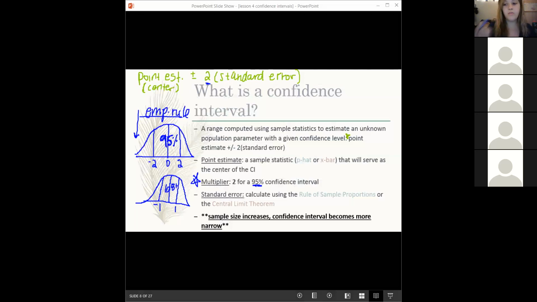For the rule of sample proportions, for example, you're making sure you have a large enough sample size, and the central limit theorem is the same. They make sure you have all the qualifications to move forward, because if you don't meet the certain aspects of the rule of sample proportions or central limit theorem, you can't continue. But that's also where you find your standard error. Does that make sense? We'll go more in depth later, but for now, understand that's where you get them from.